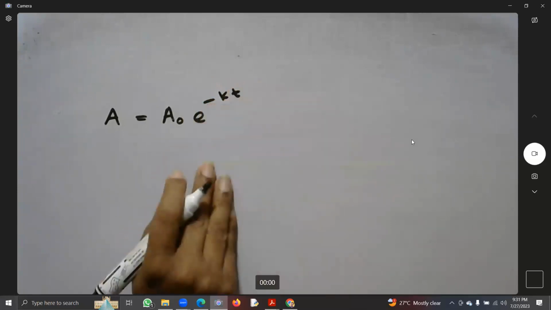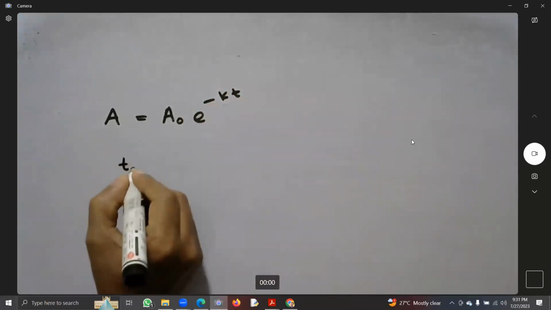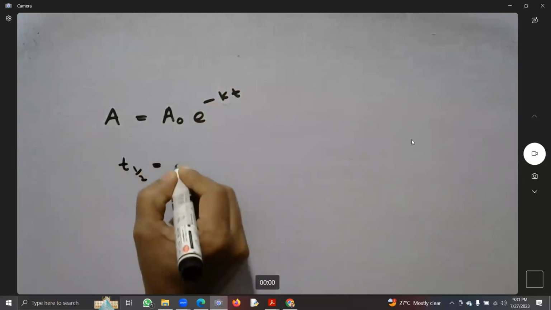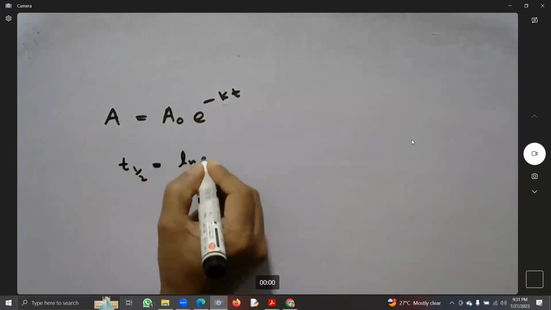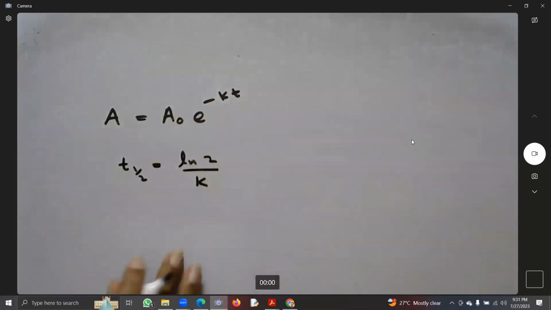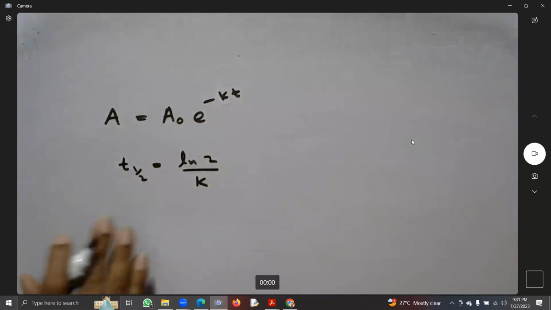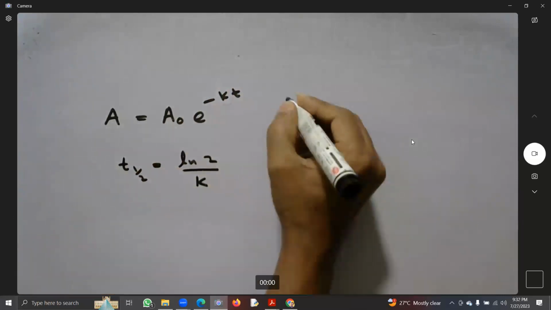Then there's another equation: t half-life is equal to ln2 divided by K. This equation is valid in radioactive physics.